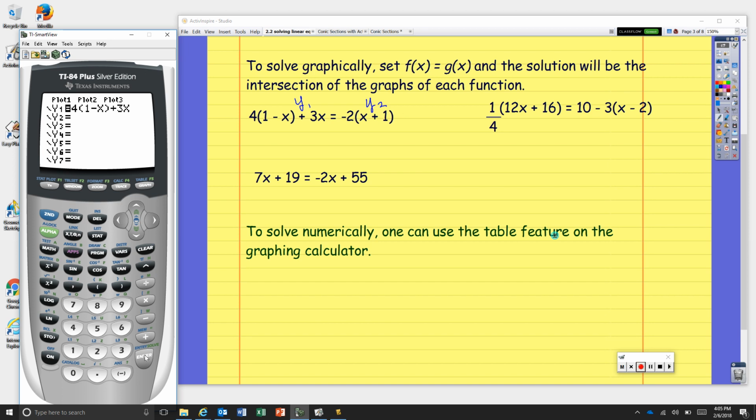Enter. And in y2 you'll put negative 2 times parenthesis x plus 1 close parenthesis. Enter. And then to make sure that we're on our standard window, negative 10 to 10, we're going to type zoom 6.